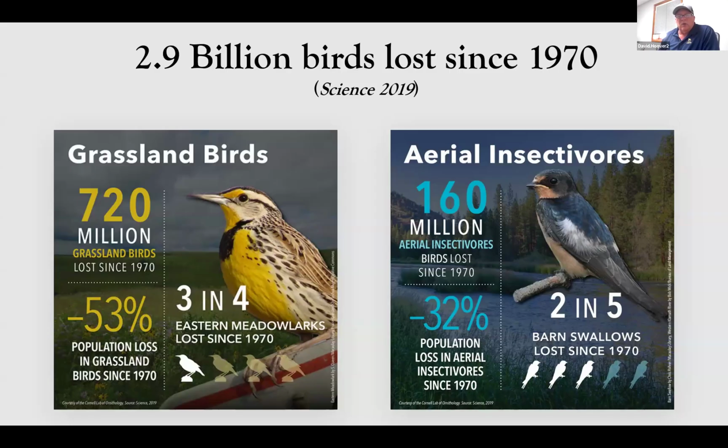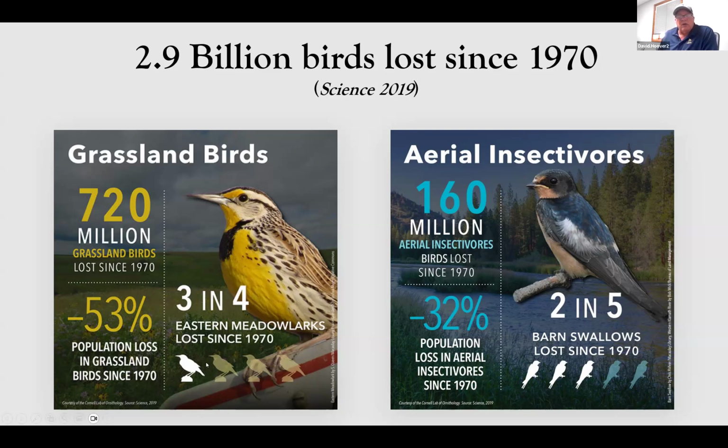A well-renowned study in 2019 estimated that we lost almost 3 billion birds in terms of overall abundance, comparing what was present in 1970 and what was present in 2019. That's the number of birds we've lost, not species, obviously, just overall abundance. And grassland birds and our aerial insectivores were heavily hit.